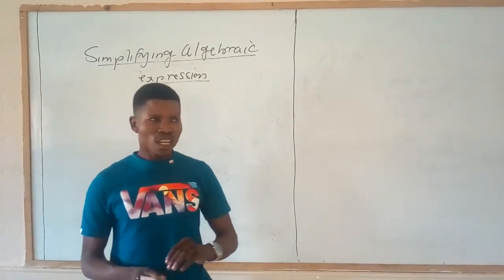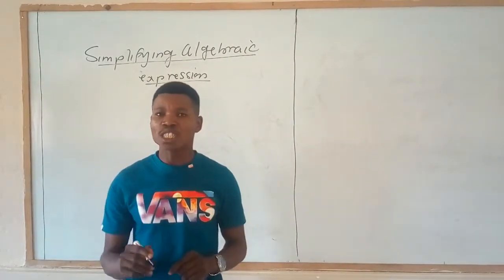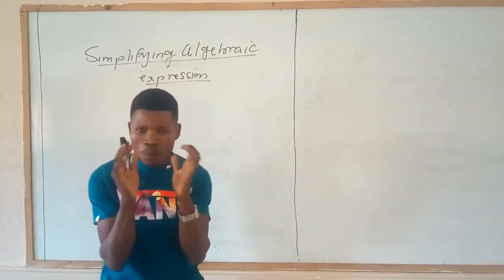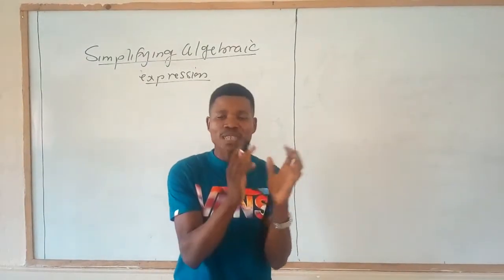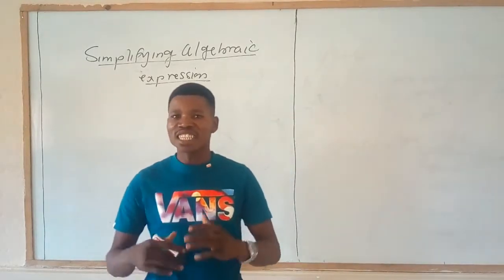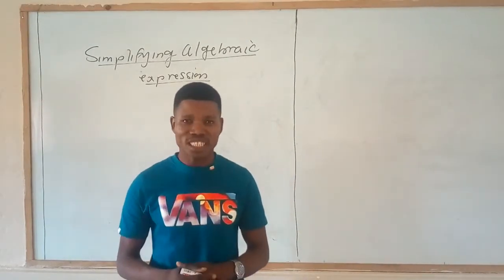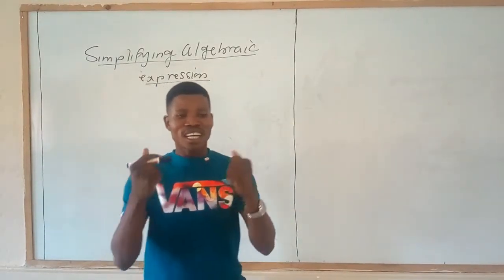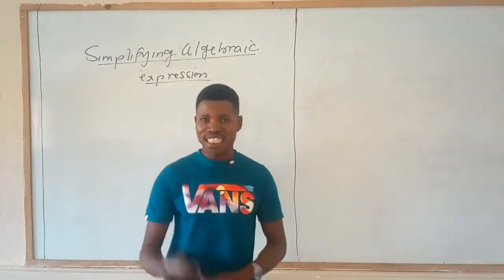Now, to simplify an algebraic expression, you group the like terms first, meaning the terms with the same variables, and then you add the coefficients. Remember, we deal with the coefficients, and I'm very sure every one of you knows how to add integers.